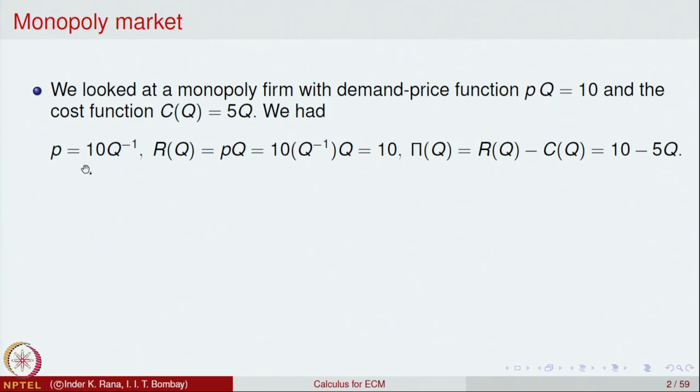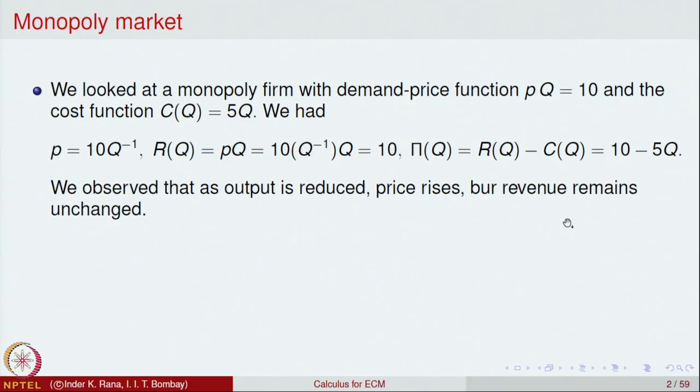P equal to 10 q minus 1, the price-demand relationship. The revenue function is P q, which comes out to be 10, a constant function. And then the profit function, the revenue minus the cost, comes out to 10 minus 5 q. I am just revising this.